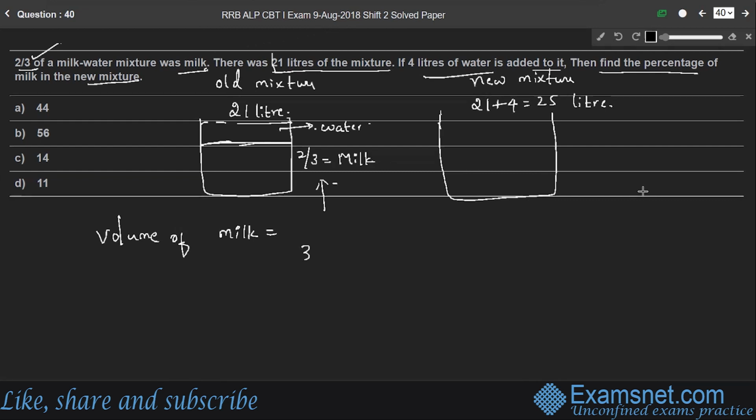That means out of 3, 2 parts are milk, right? Therefore, out of 21 liters, 3 into 7 is 21, 7 into 2 is 14 liters. Therefore, volume of milk present in the old mixture is 14 liters, right? When 4 liters of water is added to this, in the new mixture the volume of milk becomes the same, 14 liters.